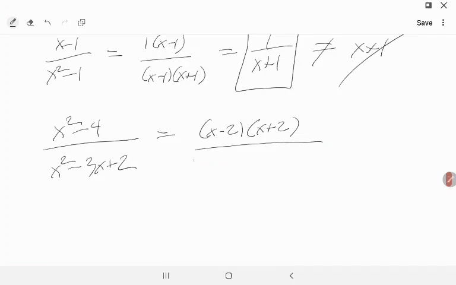The denominator factors as x minus 1 times x minus 2. X minus 2 divided by x minus 2 is going to be 1 as long as x isn't equal to 2. And so we get x plus 2 divided by x minus 1 as long as x isn't 2. We notice x also can't be 1, but we can see that from that denominator of x minus 1.